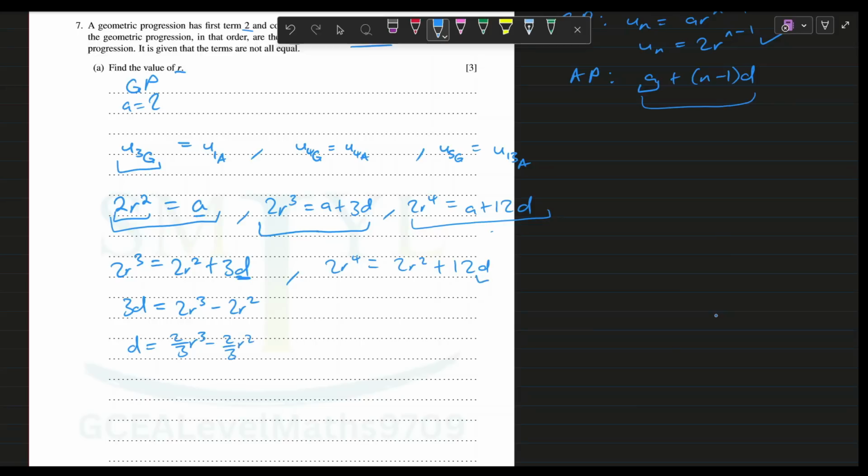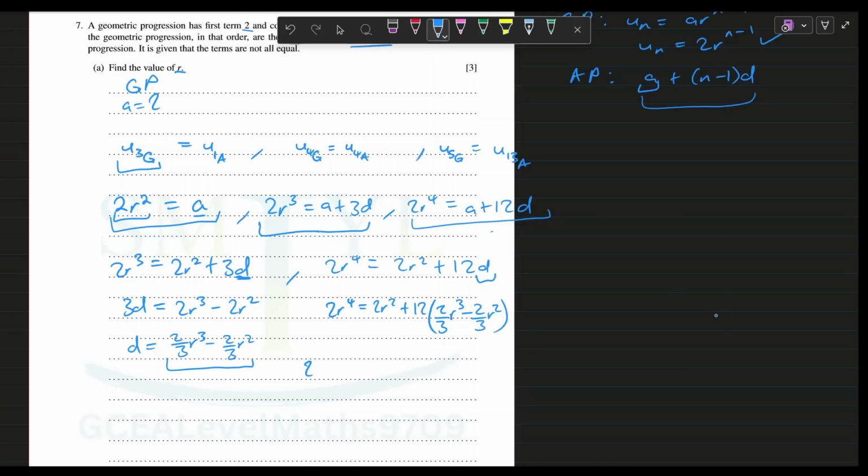So we can replace this d that we have here with 2 over 3 r cubed minus 2 over 3 r squared. So that means 2r to the 4 is equal to 2r squared plus 12 multiplied by our 2 over 3 r cubed minus 2 over 3 r squared.